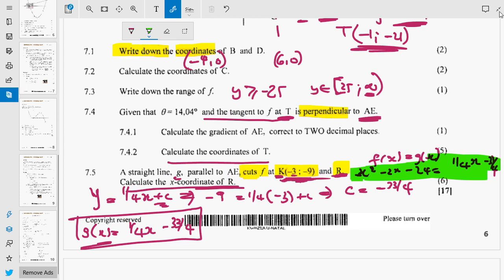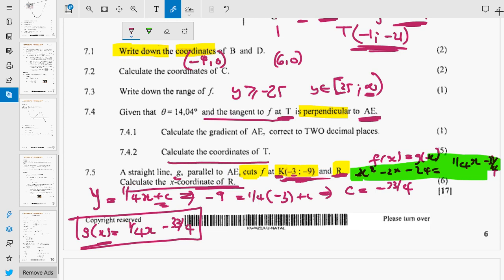Now you're going to bring the x's to one side of the equation and the constant to the other side, and there you're going to have a complicated quadratic equation.